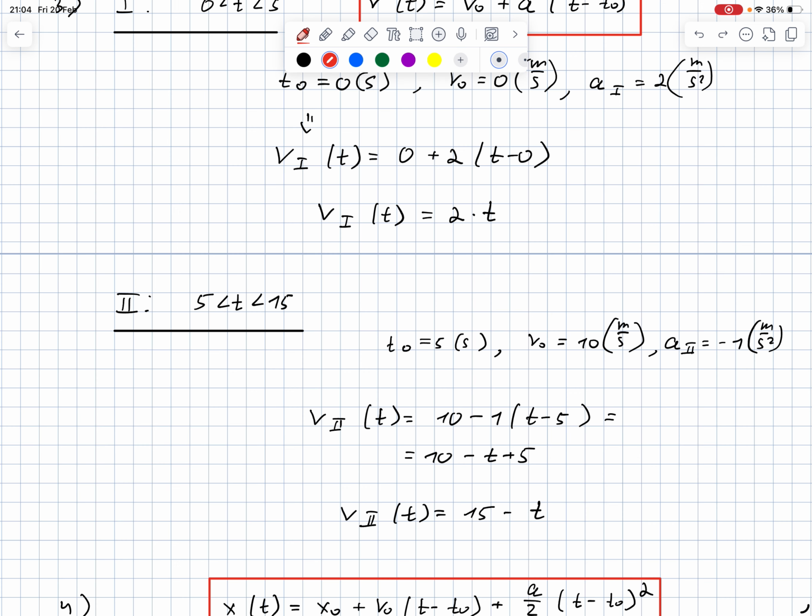And this is the final expression for velocity of the second time interval.